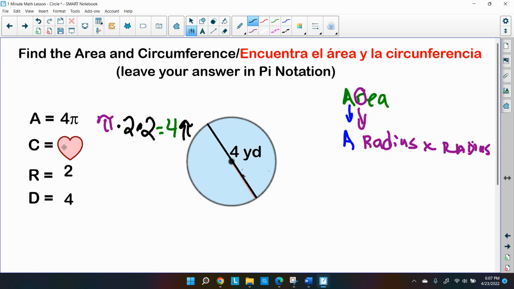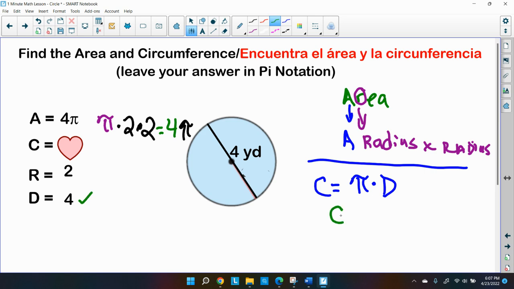And now I got to find the circumference. And I'm going to share with you another trick I like to use for circumference. C is for circumference. We know the formula is pi times diameter. And I like that formula a little bit better because I know what the diameter is already.